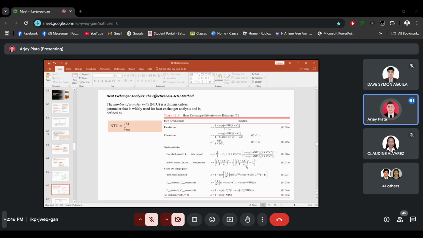Now we will move on with the heat exchanger analysis, the effectiveness NTU method. But before that, I would like to ask if you have any clarifications regarding the LMTD method. Have we discussed it face to face or online last time?